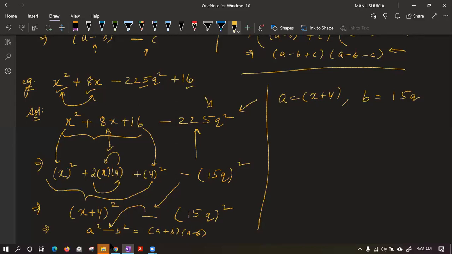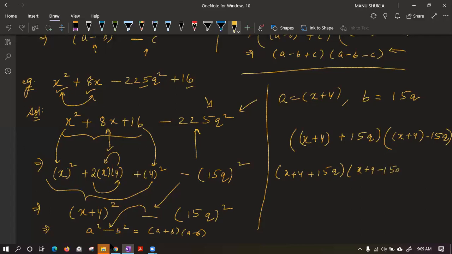Now just put it in the formula. The answer will be x plus 4 plus 15q into x plus 4 minus 15q. So the answer is finally x plus 4 plus 15q into x plus 4 minus 15q.